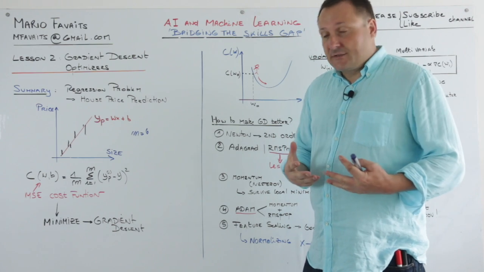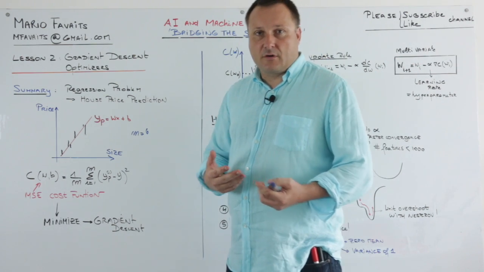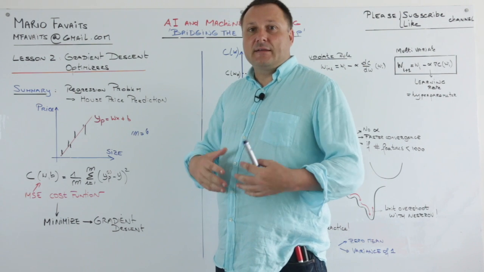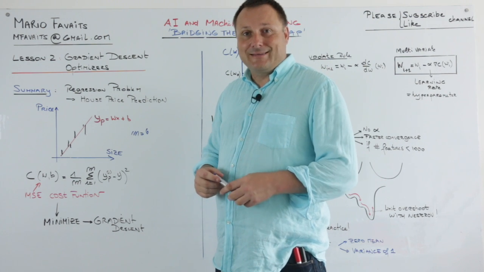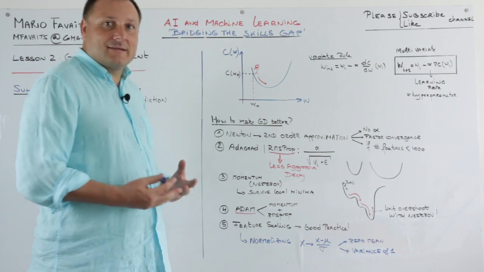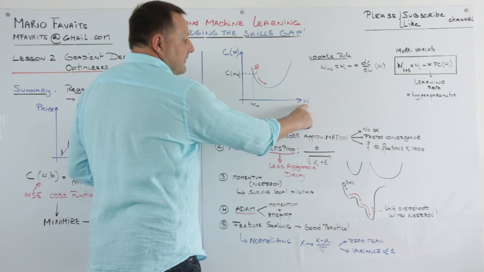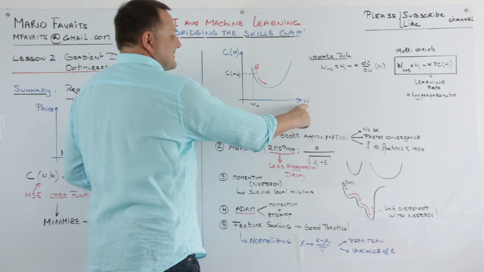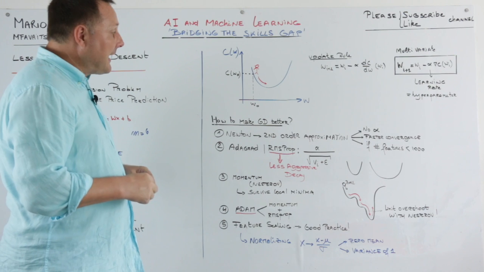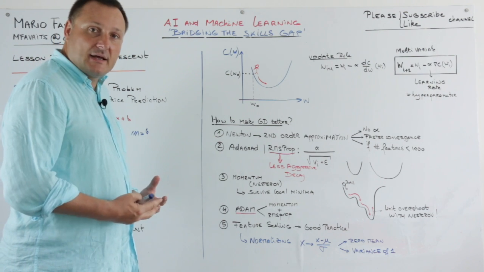Now we have the cost. And what we want to do with this cost, we want to minimize the cost. Yeah? And to minimize the cost, we need an algorithm called gradient descent. Now, what is gradient descent? Well, it's very simple. If you take the parameters w, or the weights on the x-axis, and you have the cost on the y-axis, gradient descent is just a man walking downhill.